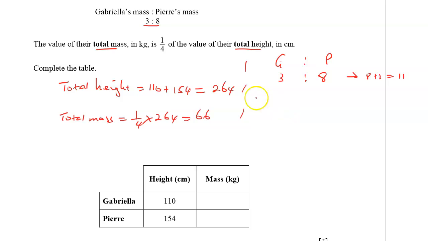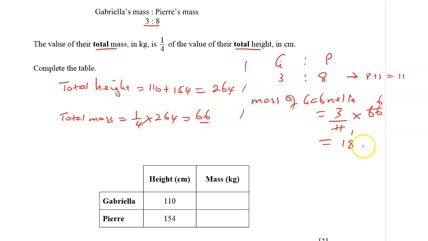Therefore the mass of Gabriela is equal to 3 upon 11 times the total mass, which is 66. Of course, you divide 66 by 11, you get 6. So 3 times 6 gives us 18. So Gabriela is 18 kilograms.